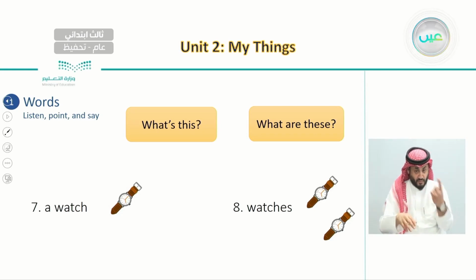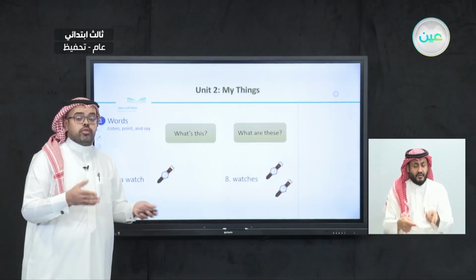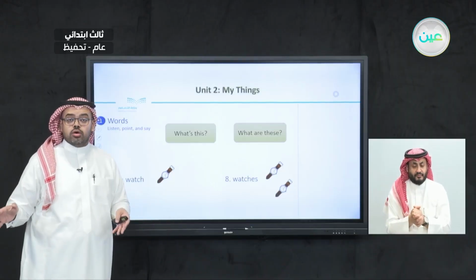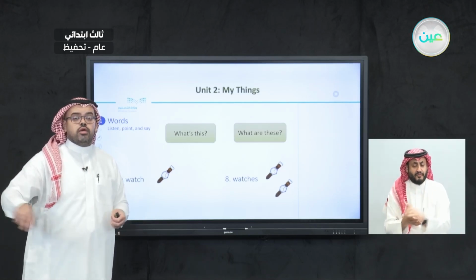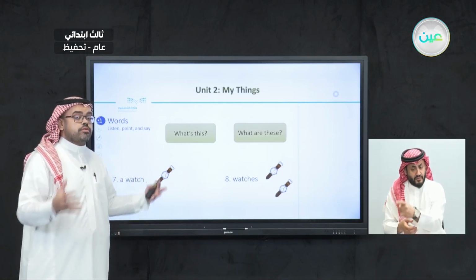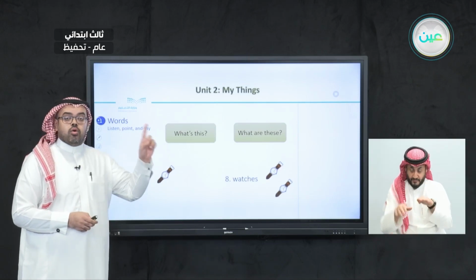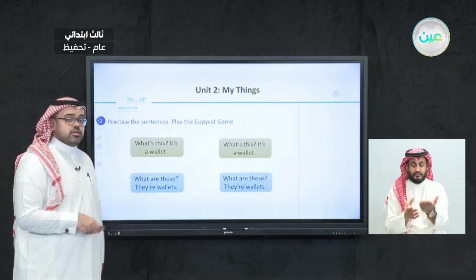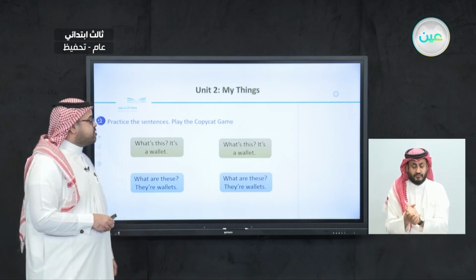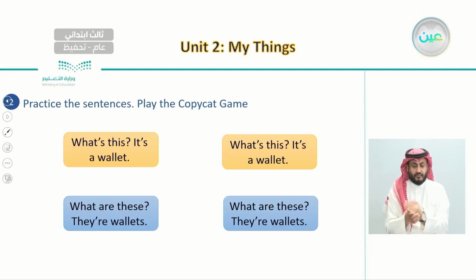So, it is important that you ask these questions to practice them, whether in your class or at home. Point at one thing and say, what's this? And point at more than one thing and say, what are these? So now, the last thing we will do today is practice the sentences and play the copycat game.